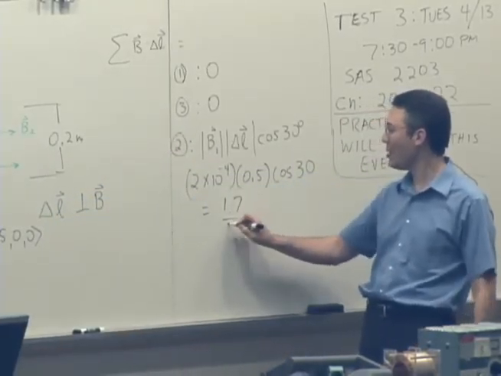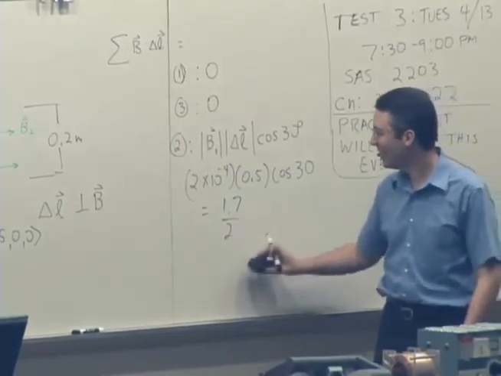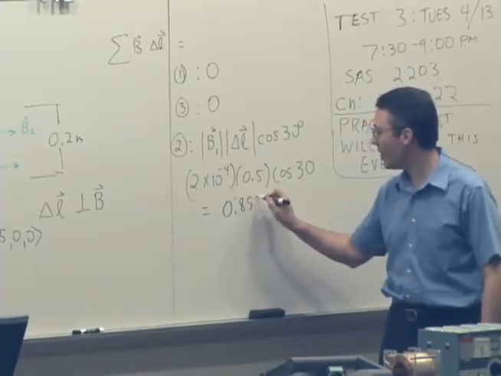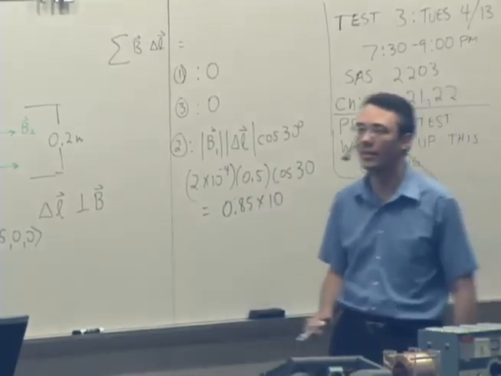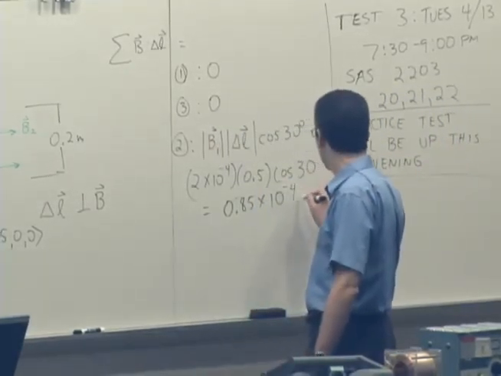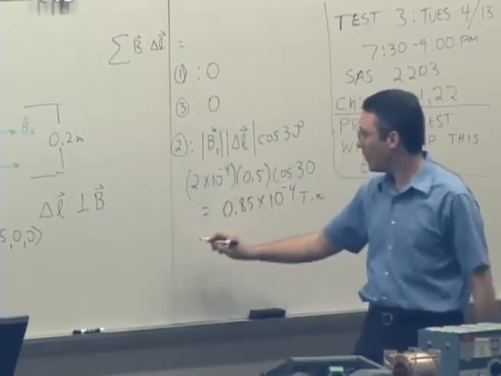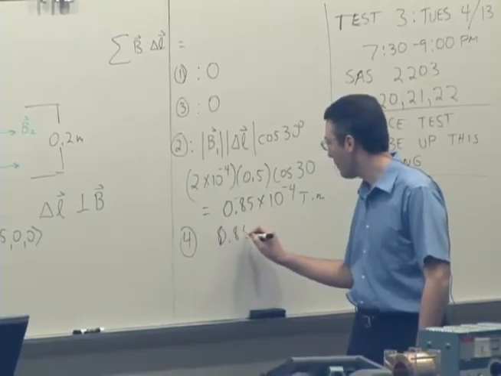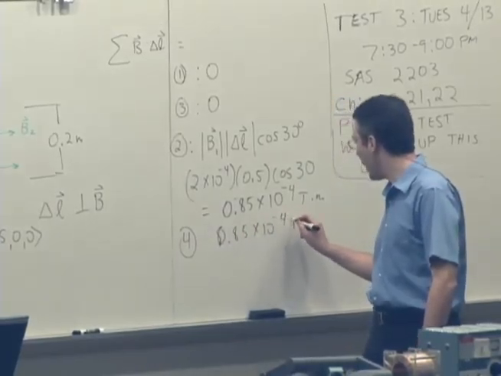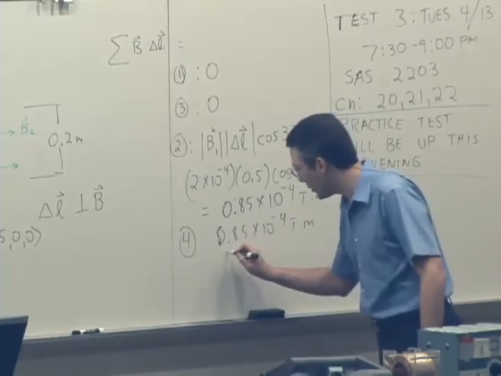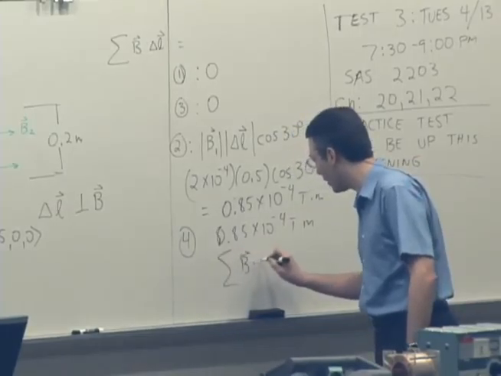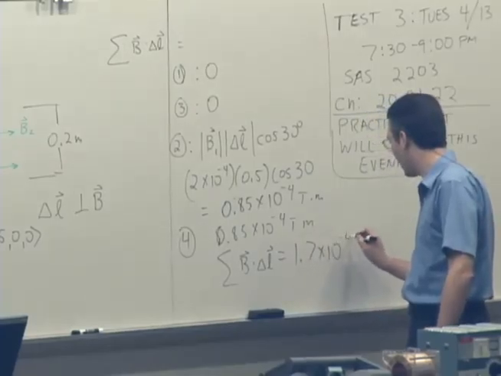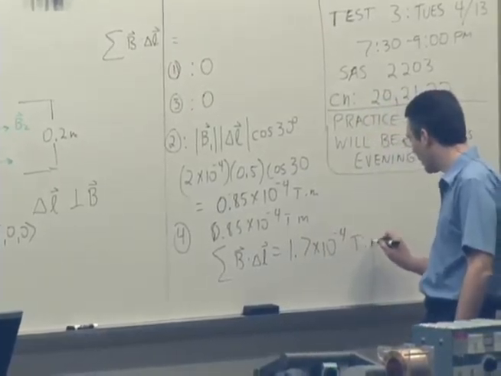What's half of that? 1.7 divided by 2 is what? 0.85? Okay, so 0.85 times 10 to the minus 4 Tesla meter. And then, as we said, the bottom segment, 4, is going to give you the exact same thing. So in the end, you can add them all up and say that the sum of all those B dot delta L's gives us 1.7 times 10 to the minus 4 Tesla times meters.